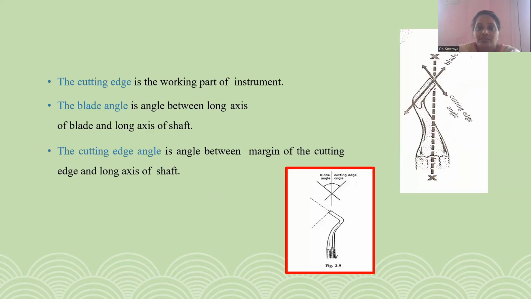The cutting edge is the working part of the instrument. The blade angle is the angle between the long axis of the blade and the long axis of the shaft. The cutting edge angle is the angle between the margins of the cutting edge and the long axis of the shaft of the instrument.